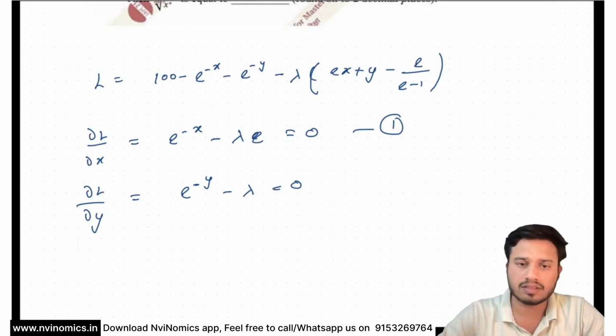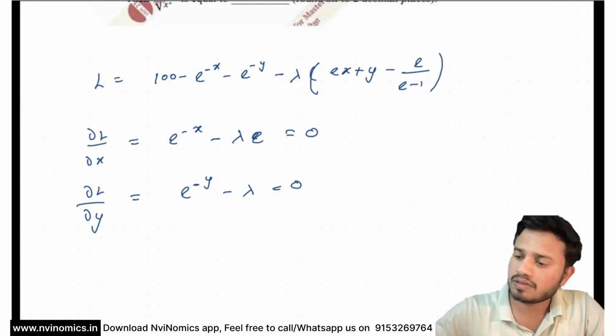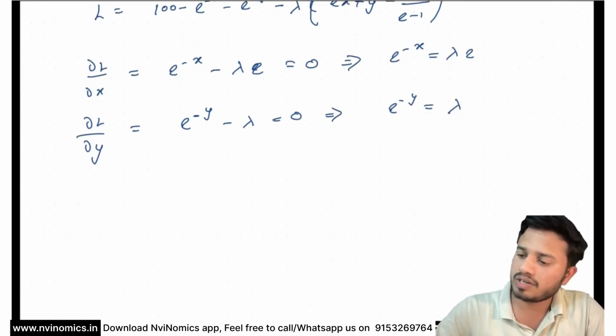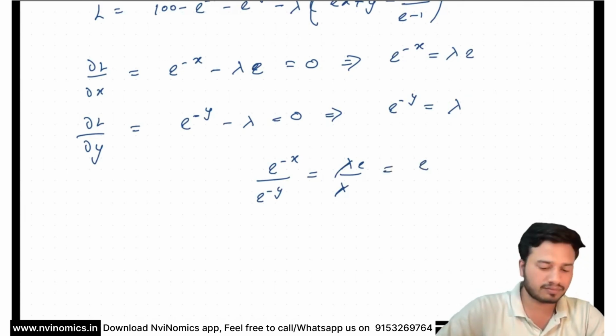From the first, you can have e to the power minus x equals to lambda e. Or from here, you will get e to the power minus y equals to lambda. So what will be e to the power minus x by e to the power minus y? It will be lambda e by lambda. That would be e only.